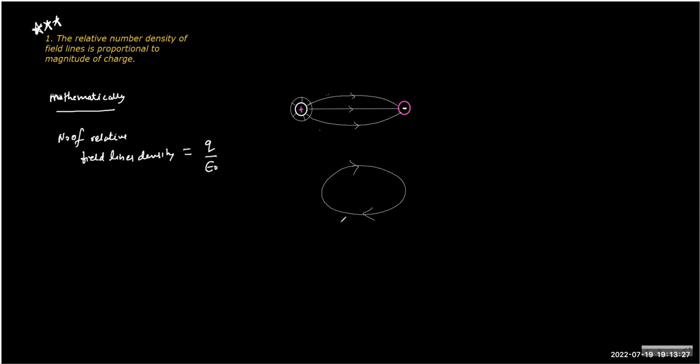We must have the origin, the source and destination. So the source and sink must be clearly visible. If it is not visible, if you think it's a loop shape, you can clearly say it's not electric field lines. Okay.